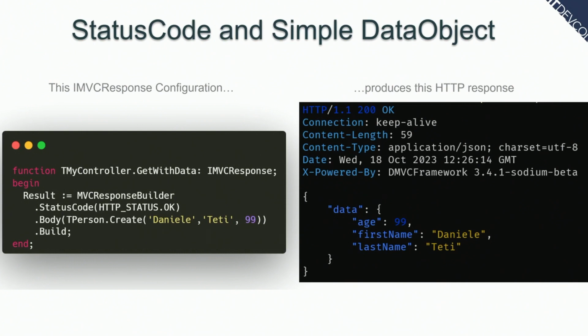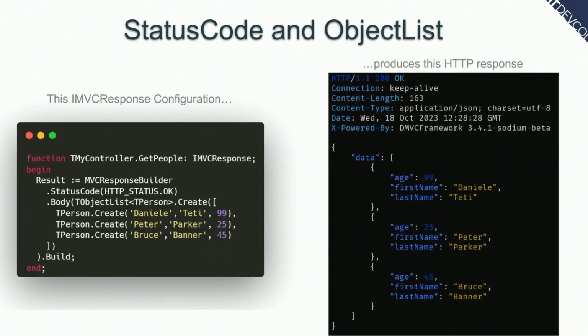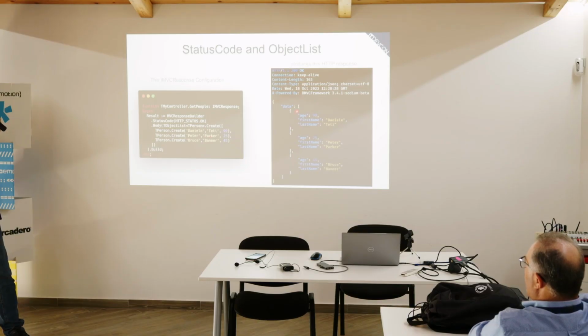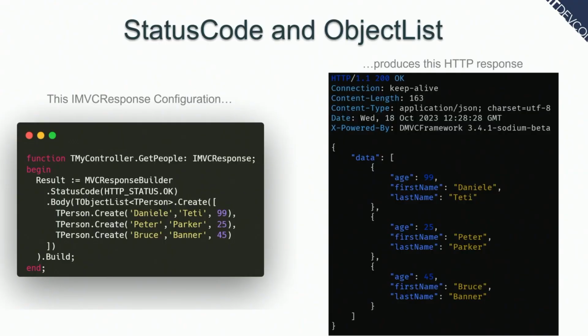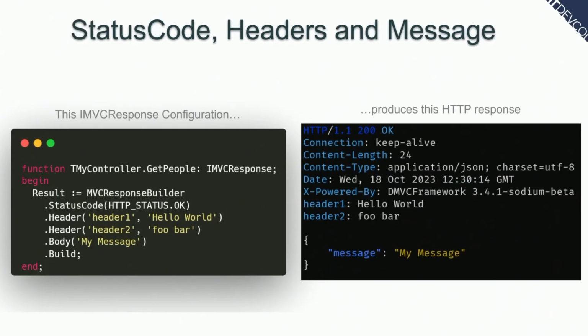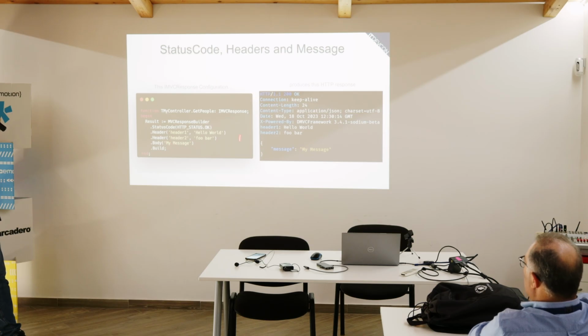Check, the object is wrapped into the data property. Also, if you want to set a list of objects, data is automatically an array. If you want to set up a custom header and a body message, you can write this and you get this.